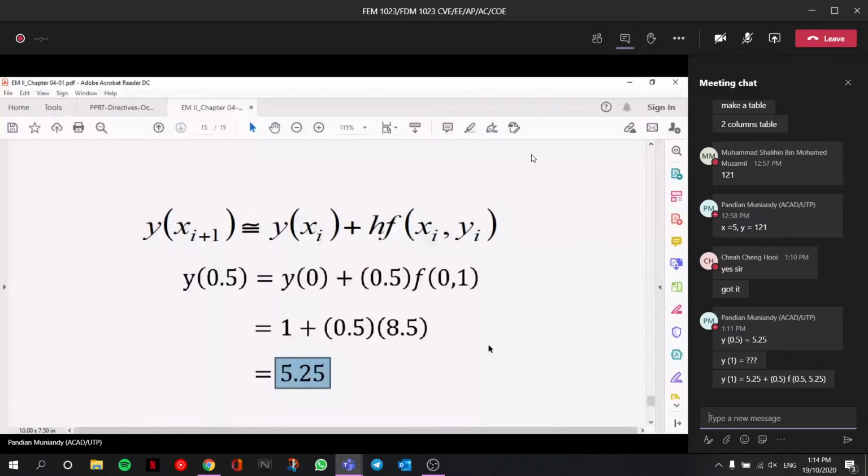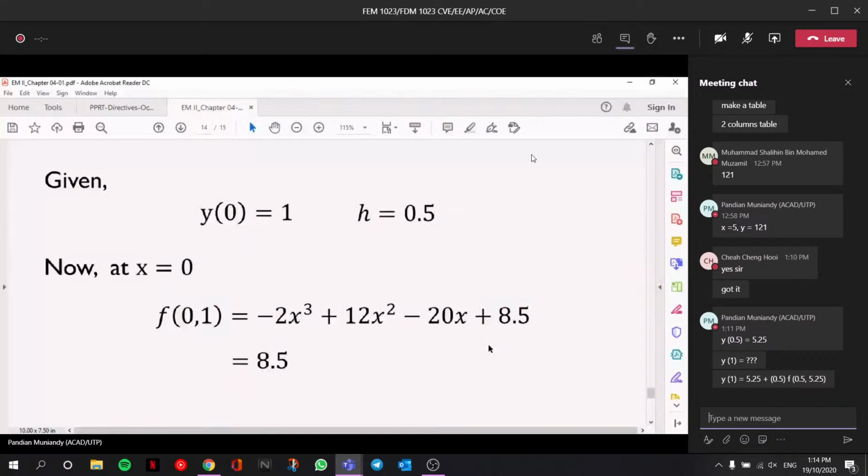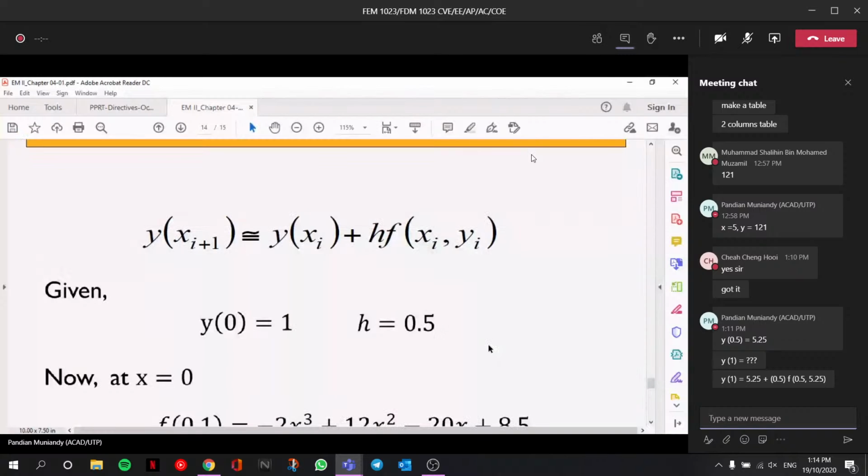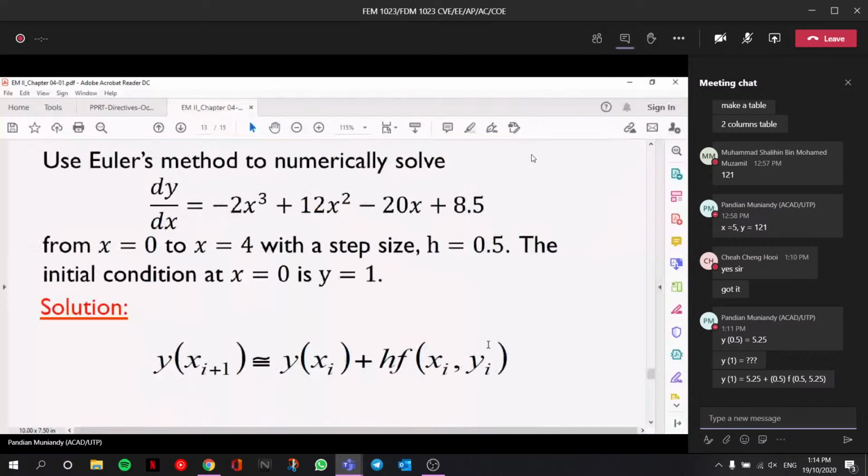So here, you must put minus 2 times 0.5 to the power 3, plus 12 times 0.5 squared, minus 20 times 0.5, plus 8.5. Now simplify.